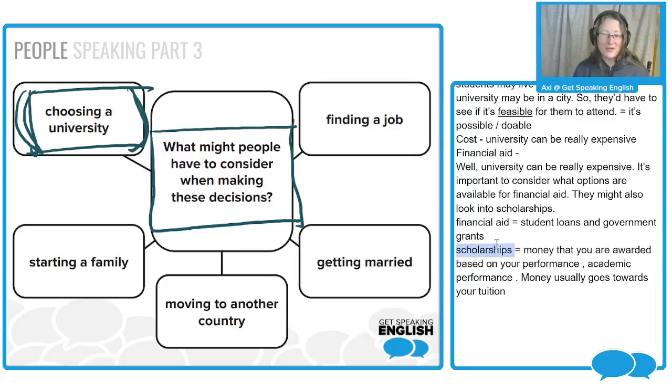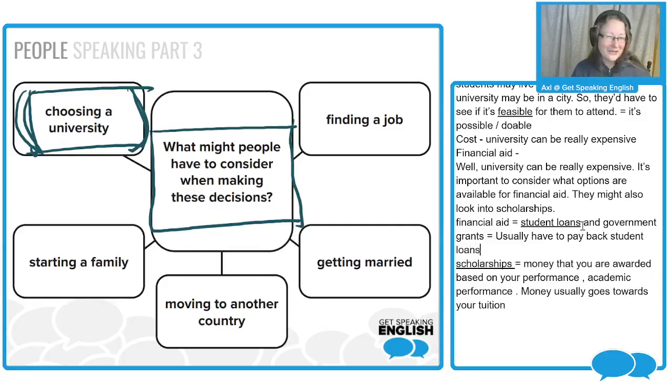And scholarships are great because this is money that you actually don't have to pay back, right? So that's different from student loans because, for example, student loans typically, usually you have to pay them back. Whereas scholarships, that's usually free money.